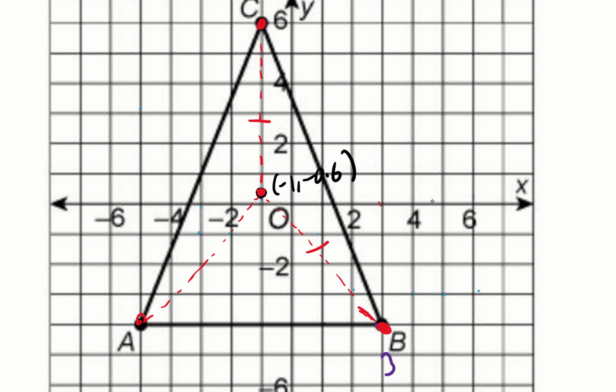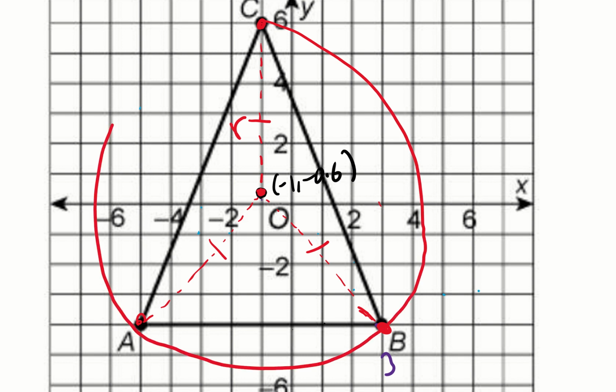So each of these represents the radius. Each of these lines, or the length of these lines, represents the radius. We'll call it r. And if you were to draw a circle using that radius, then you would get a circumscribed circle. And that's my circle. So let's find the radius of that circle.